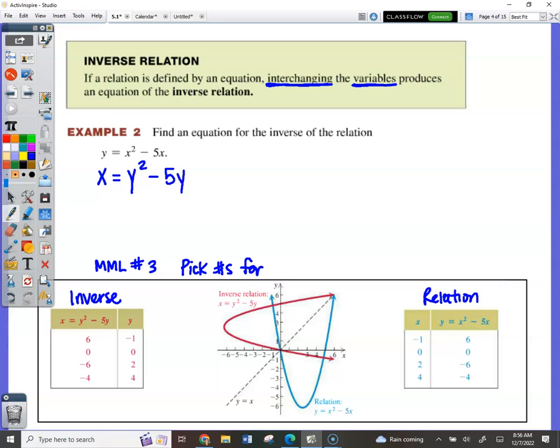Instead of picking a number to plug in for x and see what you get for y, you're going to pick a number and plug in for y and see what it gives you for x. So pick numbers for y and find x to get an inverse t-chart.